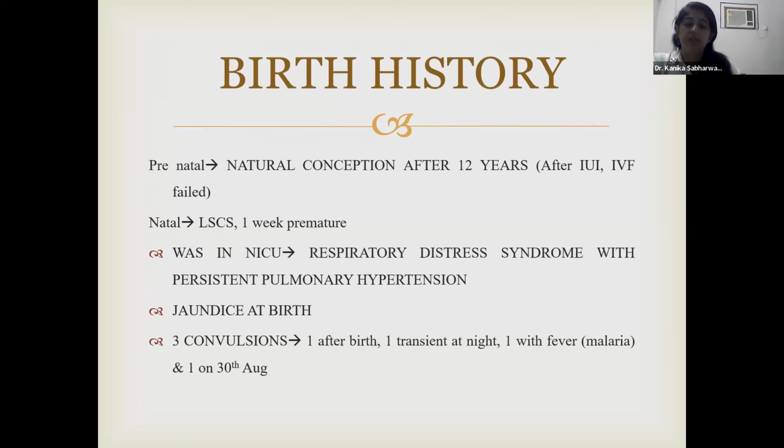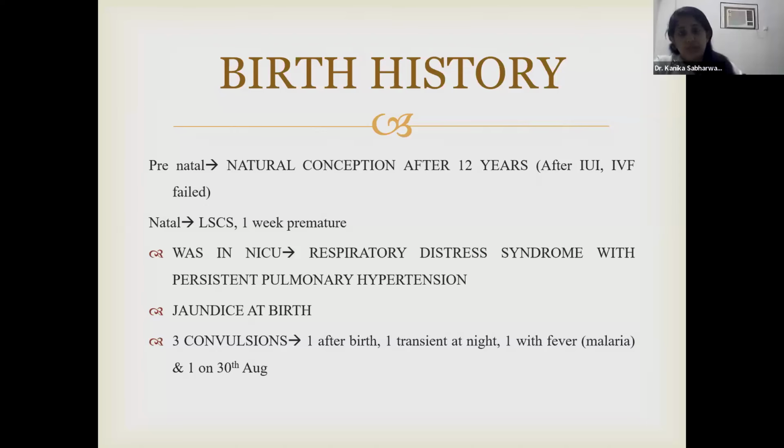This is the part of pediatrics that I want you to understand, and I want you to know how much detail you're required to take in birth history for such cases. Prenatal, primary infertility. Initially, parents have tried IUI, IVF, it failed. 12 years after getting married, there was a spontaneous and natural conception, which is this child.